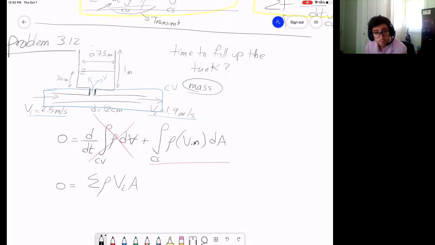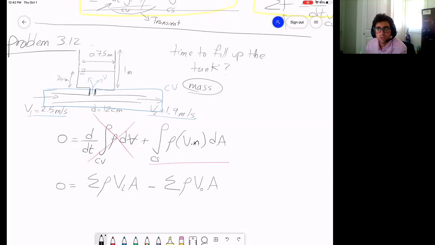And what else? Minus the same thing, but for the outlet: rho V outlet times area. And why is it minus? How did you know it's minus? Because it's going out. It's leaving the control volume.